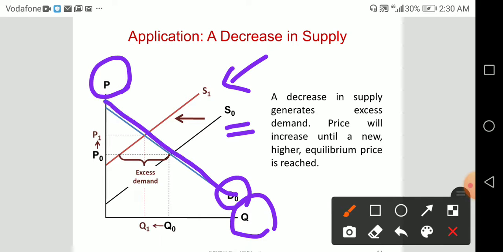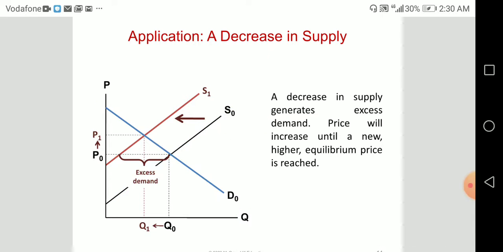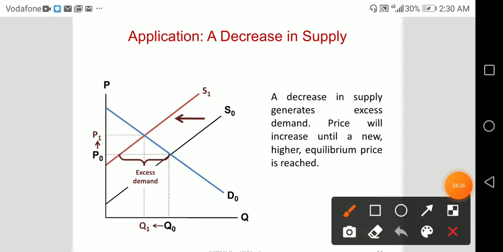So this is the supply and this is the demand. What happened here? At the price 0, I'm having this intersection, this point, at this point.